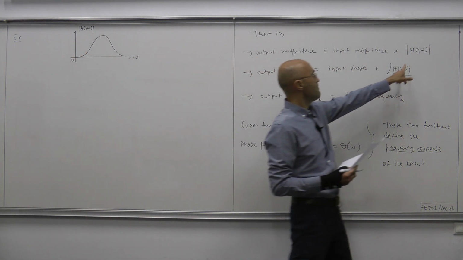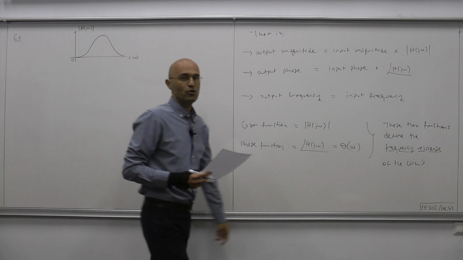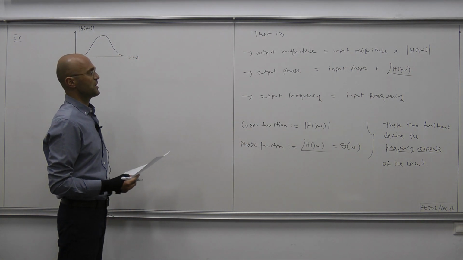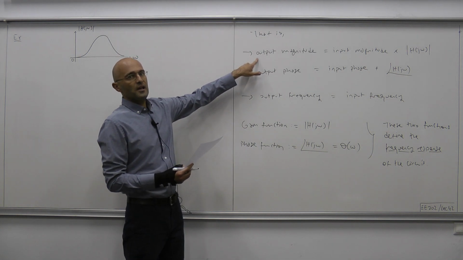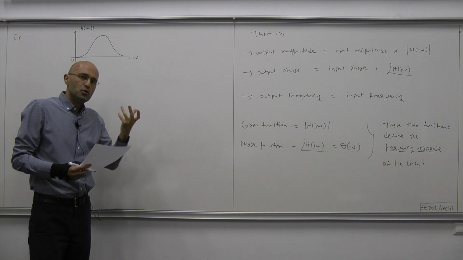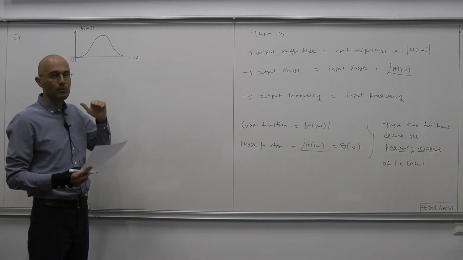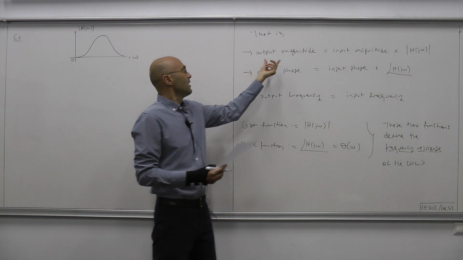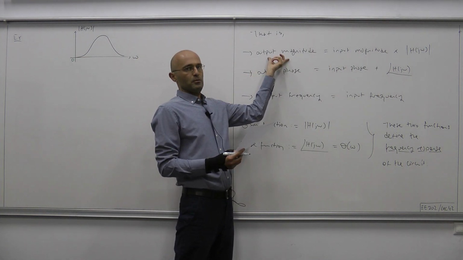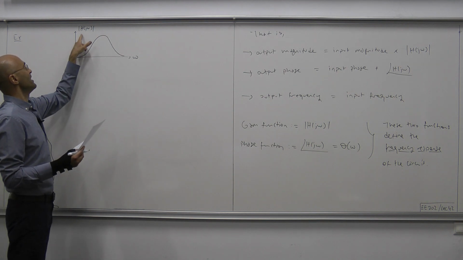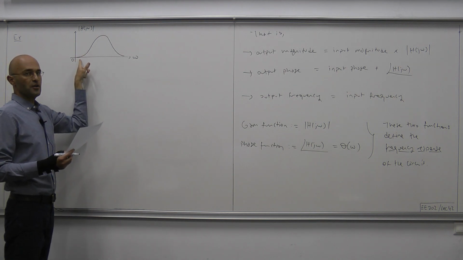First of all, the magnitude of H(omega), the gain function, is significant in the following sense: it describes how the amplitude of the input is shaped to produce the amplitude of the output. So this means that at low frequencies, H(omega) is near 0.